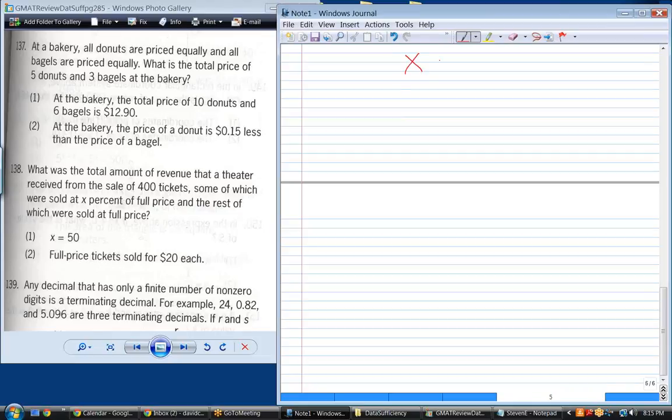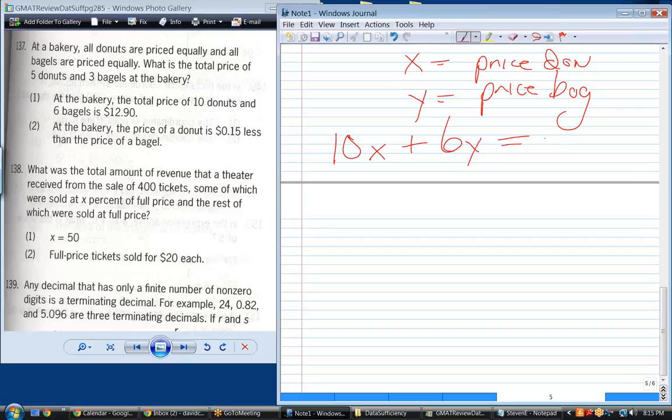Okay, so we let x be the price of donuts, y be the price of bagels. So this statement says that 10x plus 6y is equal to 1290. How many solutions does that have?